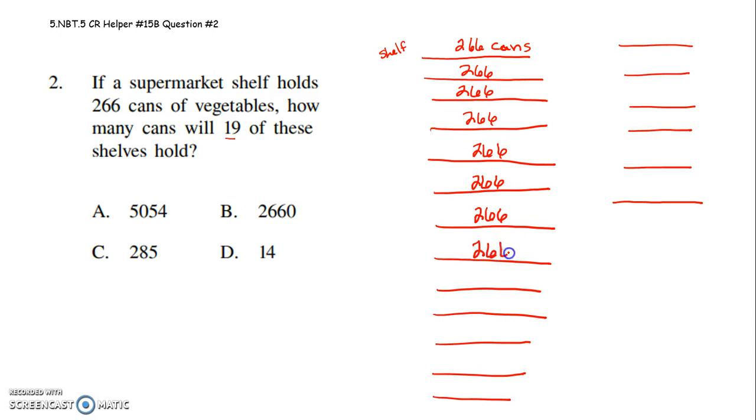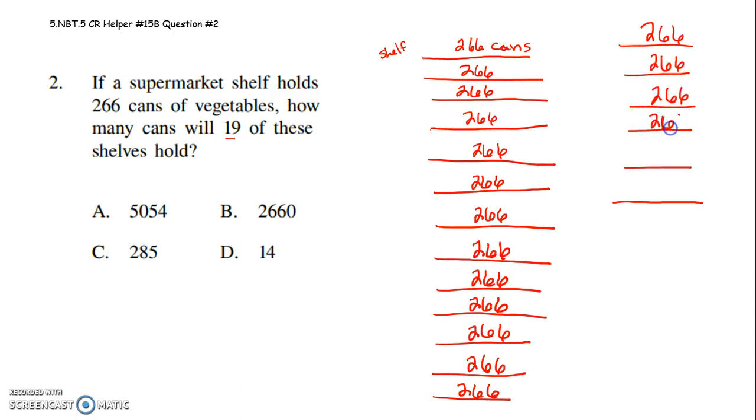266 cans. Can you see yet how I could possibly figure out the total number of cans on these 19 shelves?